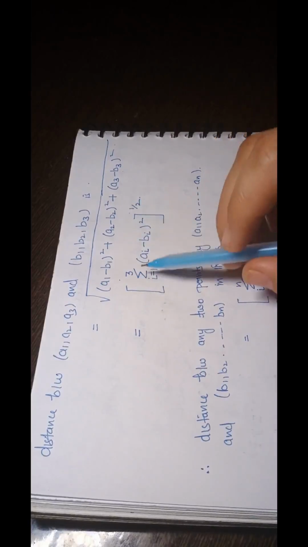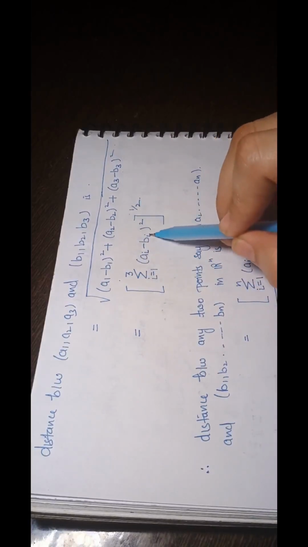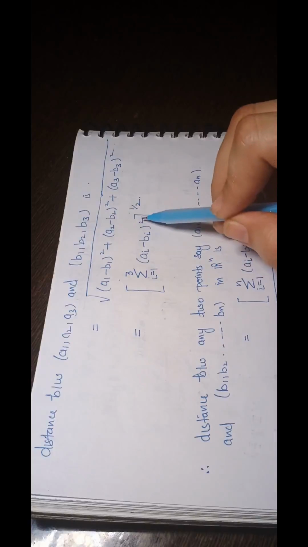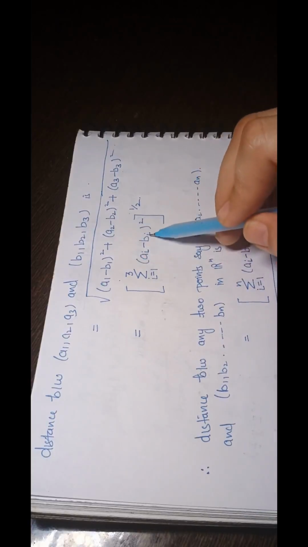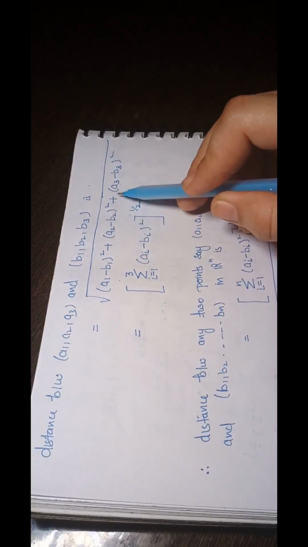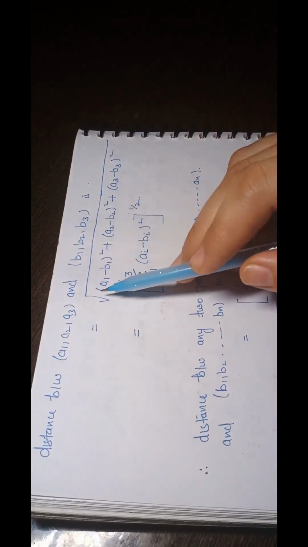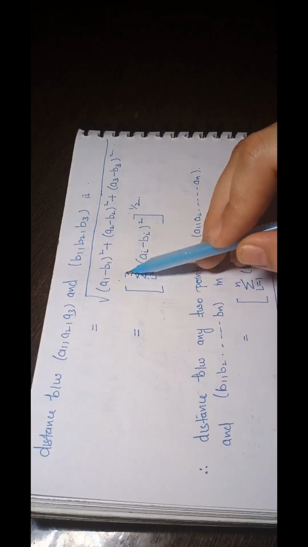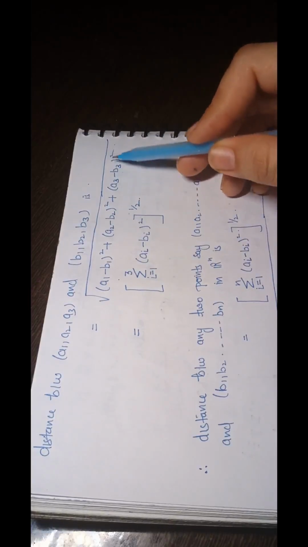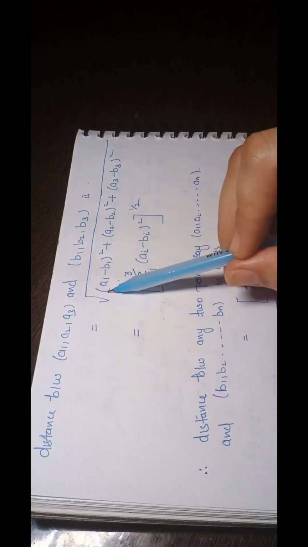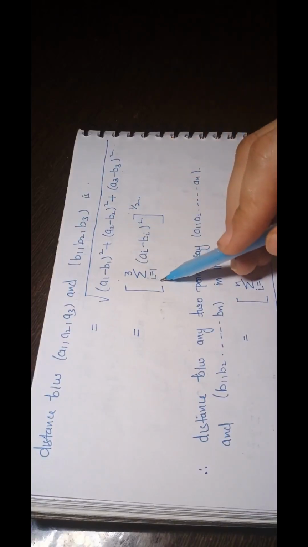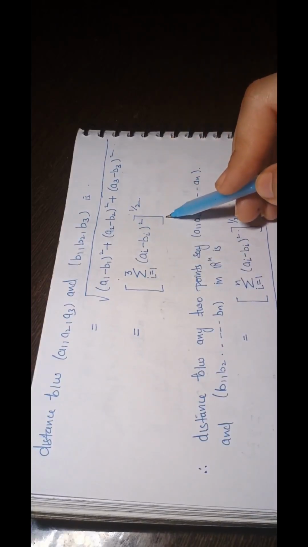Under root, for i equal to 1, it will be a1 minus b1 squared, then sum, then a2 minus b2 squared, then sum, then a3 minus b3 squared, and the whole root. It is up to 3, so at a3 we will stop. So I can write it in summation form like this.